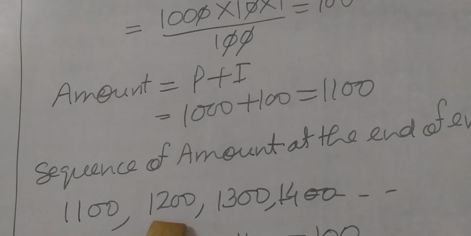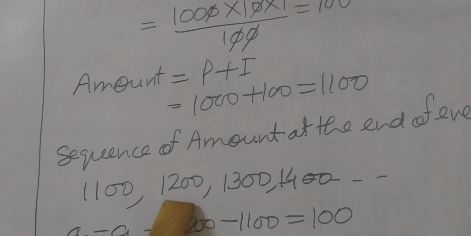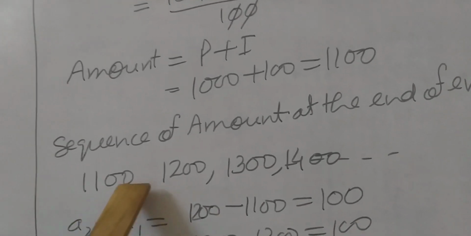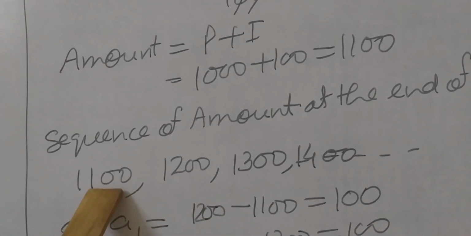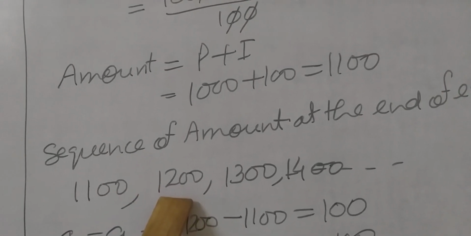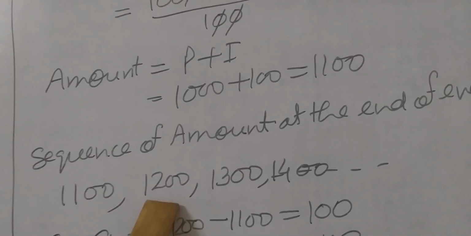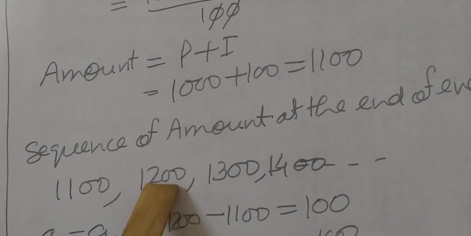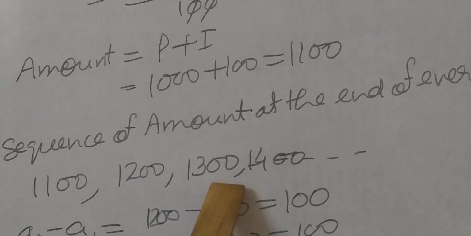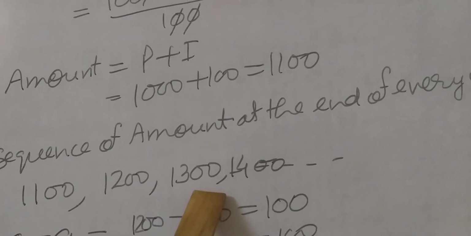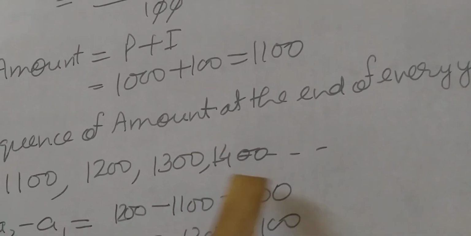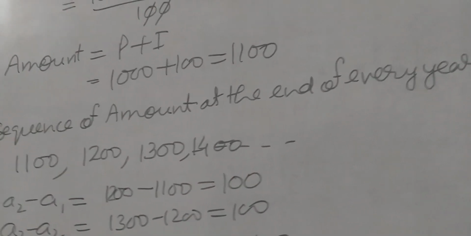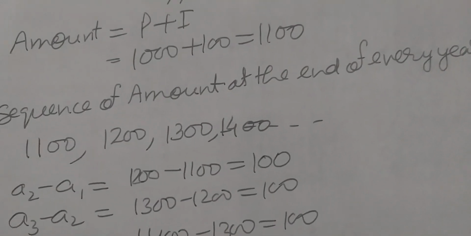Second year again he will get ₹100 as interest, so amount will be 1100 plus 100, 1200. After 3 years, ₹100 we have to add, in 1200, 1300. Then after 4 years amount 1400. So this is the sequence of amount, students, at the end of every year.